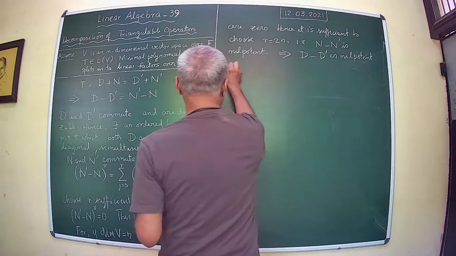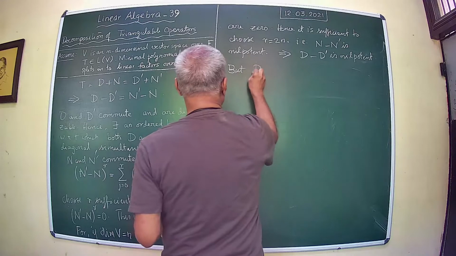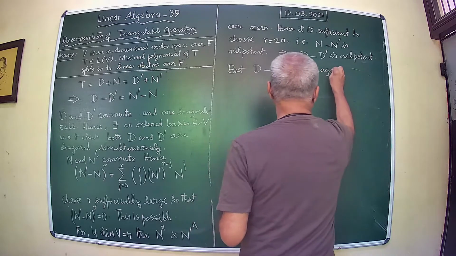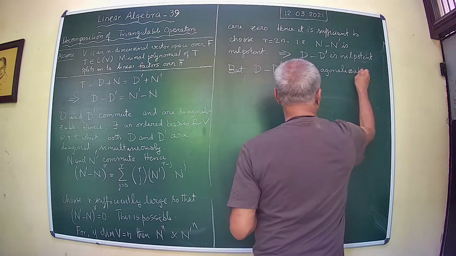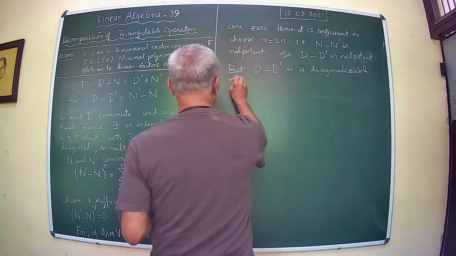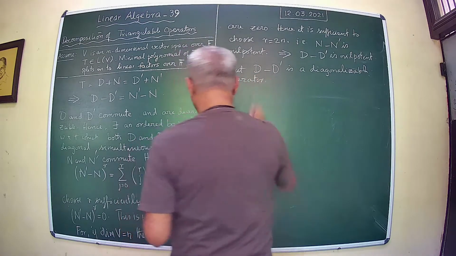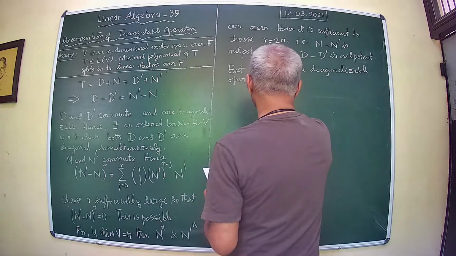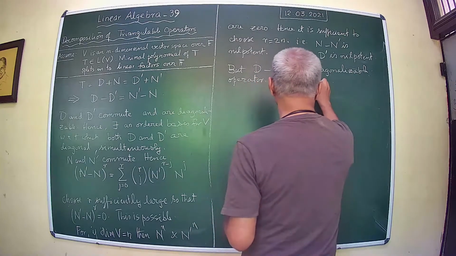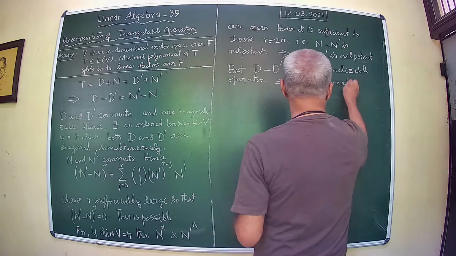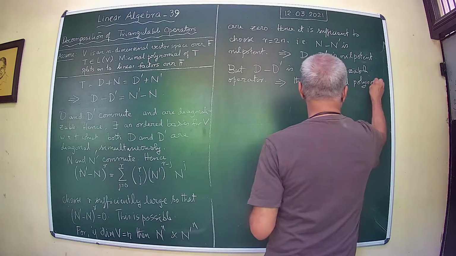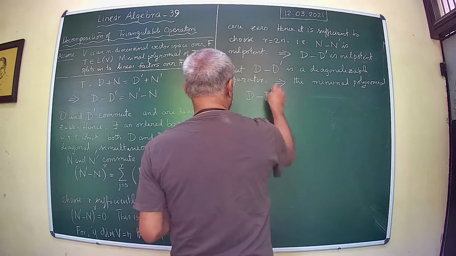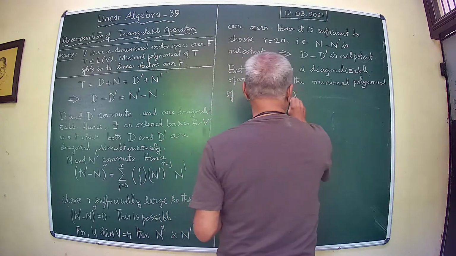But D minus D prime is diagonalizable, which implies the minimal polynomial of D minus D prime is lambda to the power r.